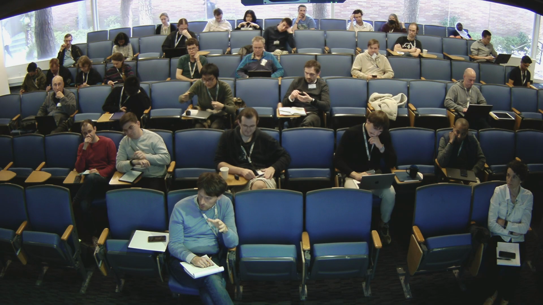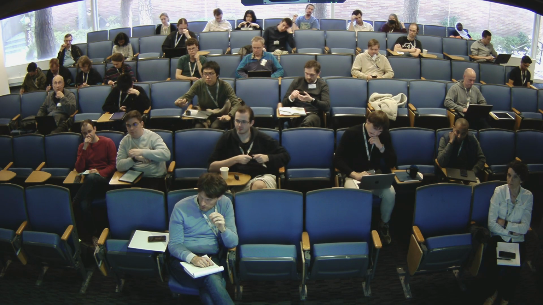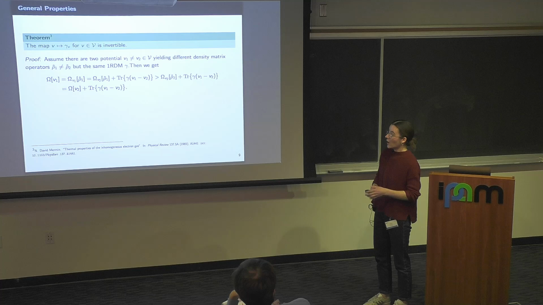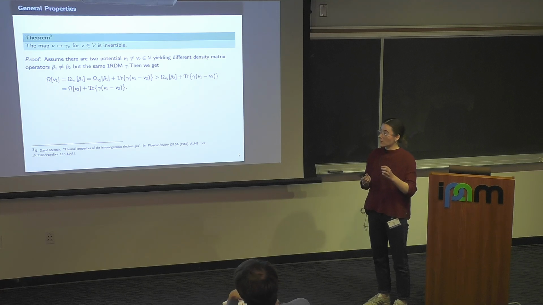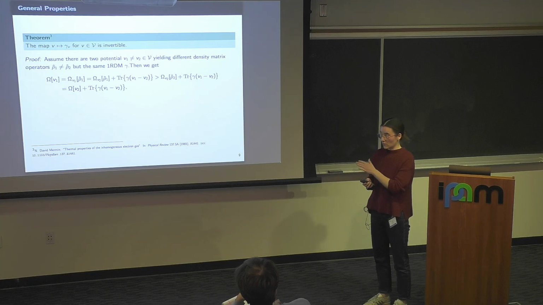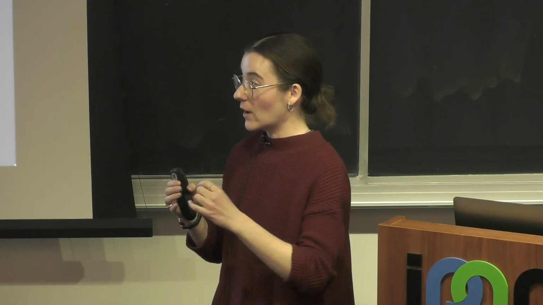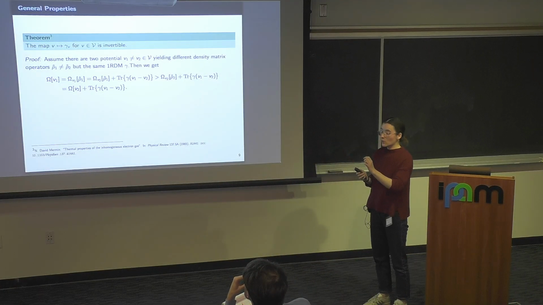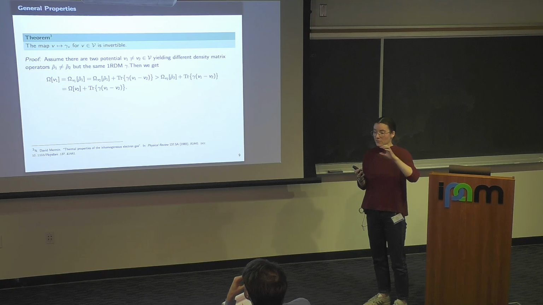The strict inequality is because, so we have rho 1 and rho 2, and rho 1 is the Gibbs state for potential V1, and rho 2 is the Gibbs state for potential V2. But they are not the same. So if we have our potential V2, and we plug in something else than the Gibbs state, we get a higher energy.